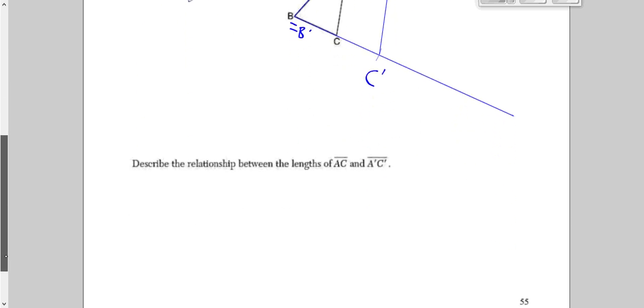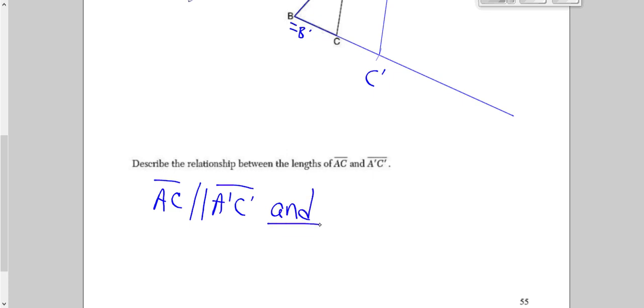Now let's answer this question down here. We need to think about what happens with dilations. They're parallel. What's parallel to what? AC is parallel to segment A prime C prime. Well, and what else? Are they congruent?